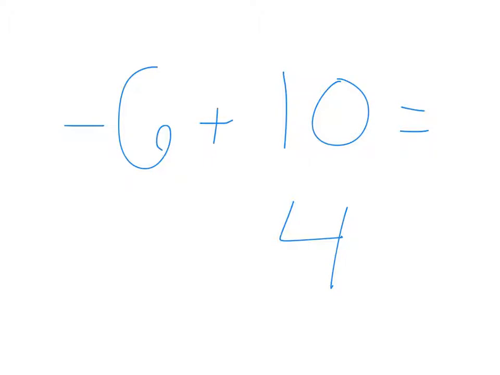But because my larger value out of 10 and 6 is 10, and 10 is positive, my answer is also positive. So I'm finished with just 4. Or another way to think about it: if I owe $6, but I have 10, then I'm going to leave that store with $4 still left in my pocket after I paid for my $6 item. So that's adding integers with opposite signs.